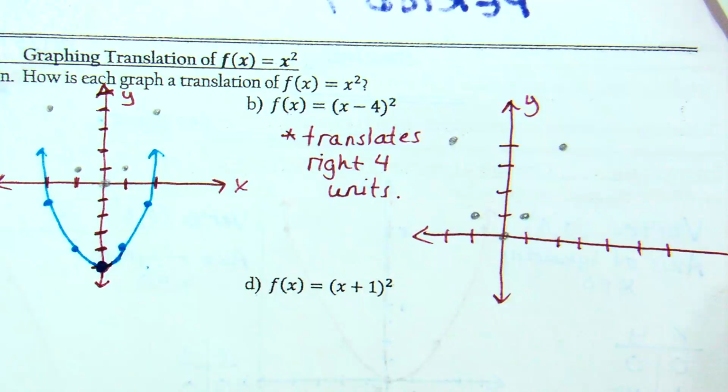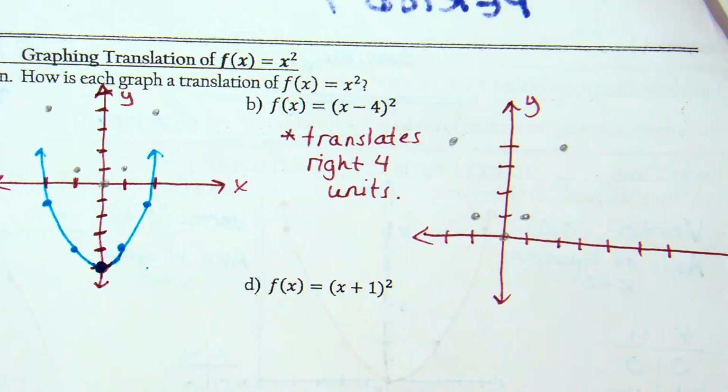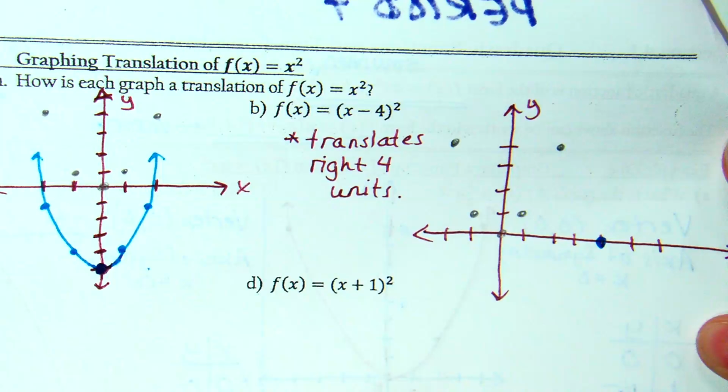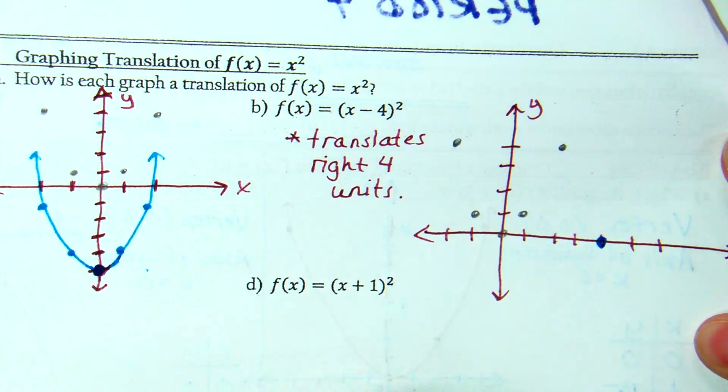What do we do with all 5 dots? Right 4. My suggestion, start by translating the vertex right 4. From that vertex, what can I do?